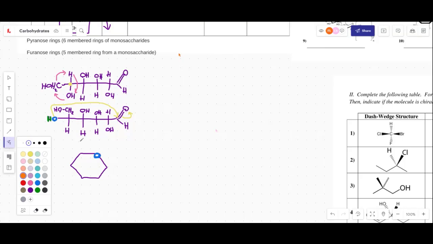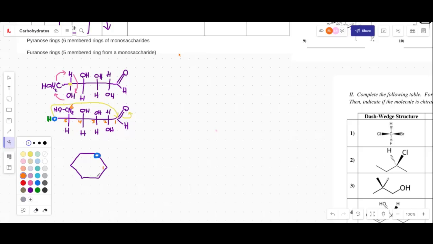Now let me go ahead and number these carbons. This is carbon number 1, 2, 3, 4, 5, and 6. Okay? So 1, 2, 3, 4, 5, and 6. Well, if that's the case, I have to recognize that this is 1, because carbon number 1 was the one that got attacked by the oxygen.